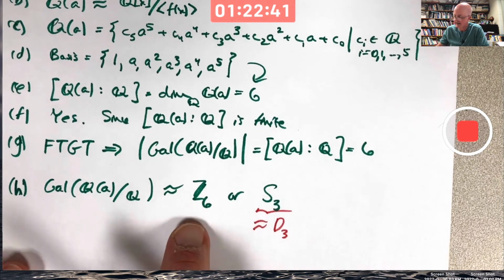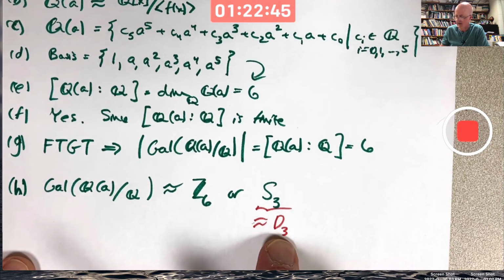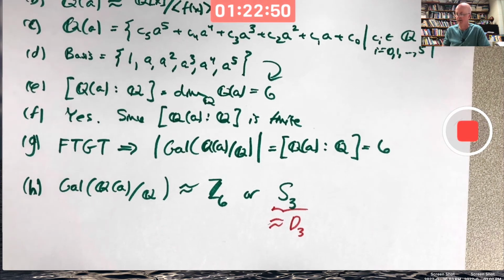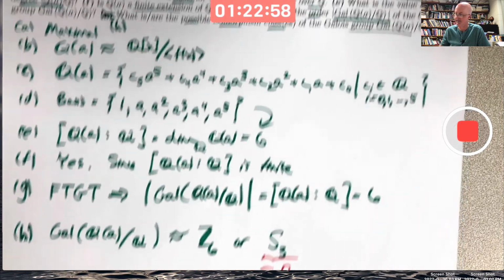So either writing Z6 or S3, or writing Z6 or D3, is correct because these 2 things are isomorphic. Up to isomorphism, there's only 2 groups of order 6. So those are the possible isomorphism classes of the Galois group.